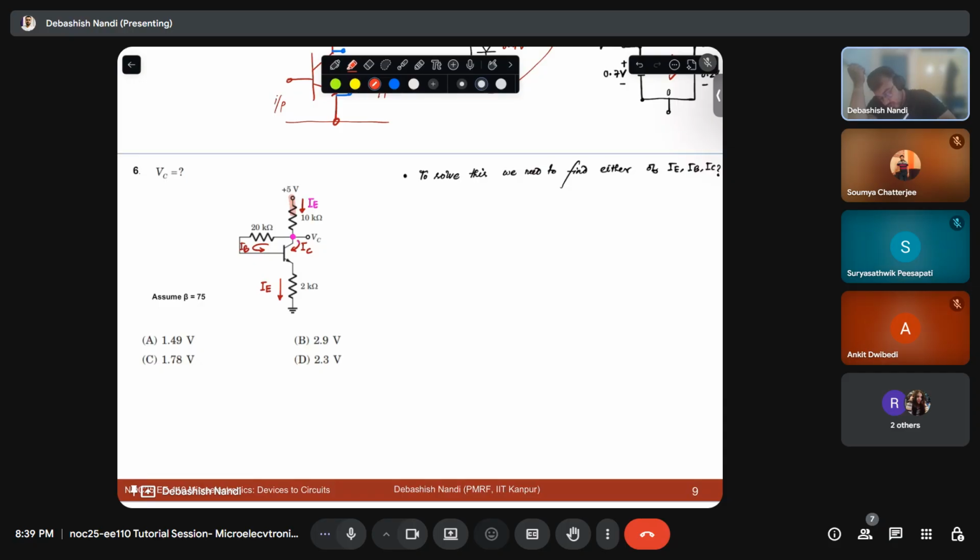So this is the loop where we will use the KVL. Okay. Again, assume forward active.